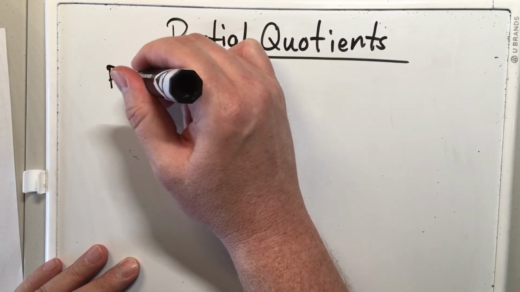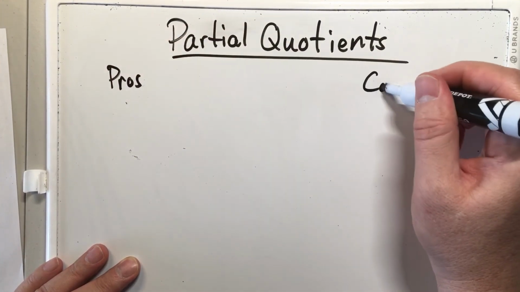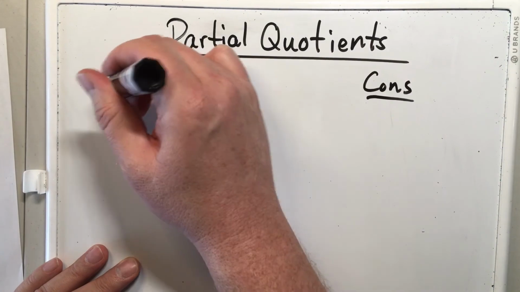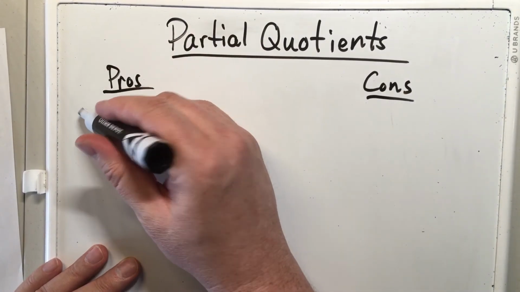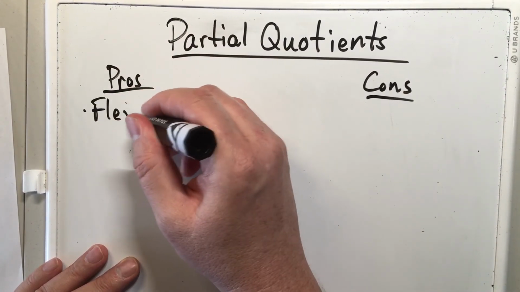Pros. Cons. The pros are that you are flexible with numbers.